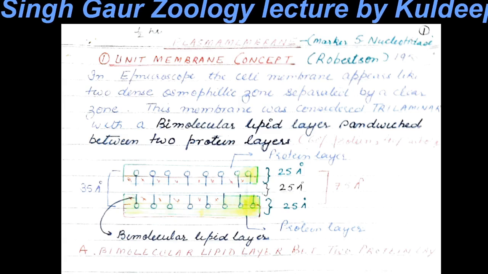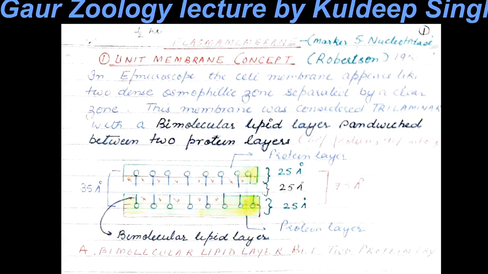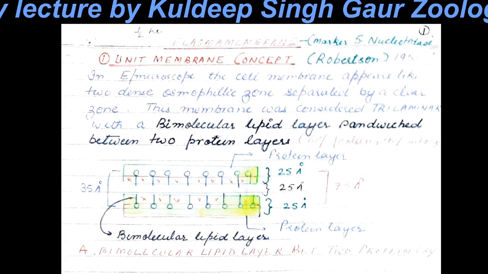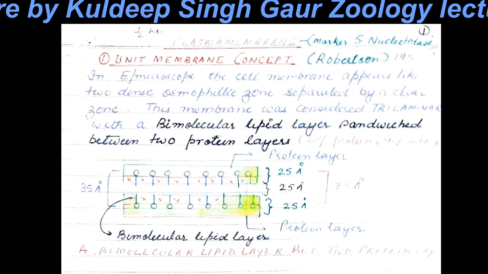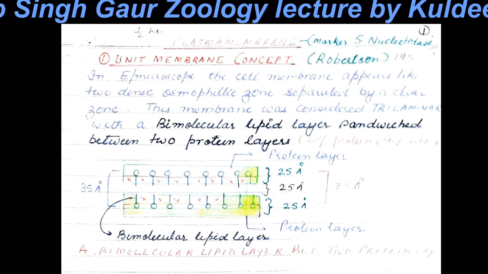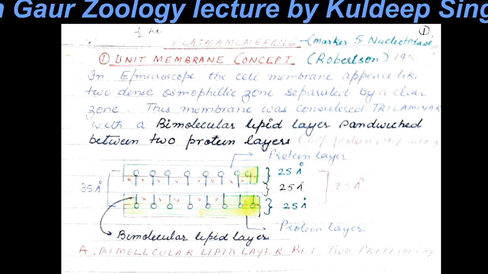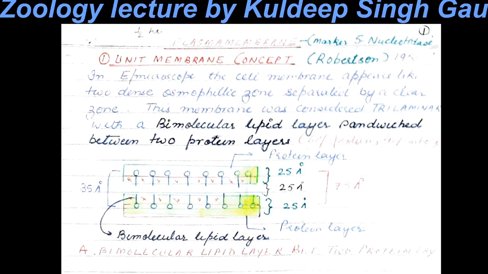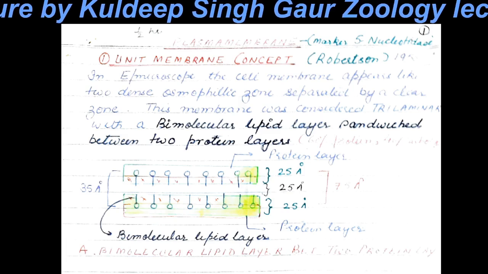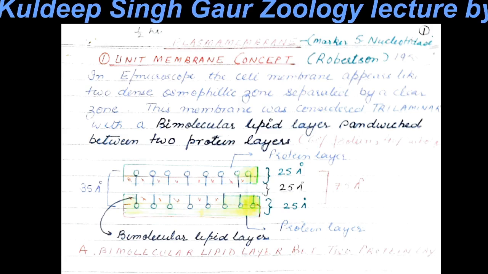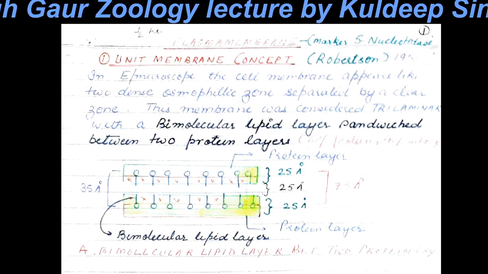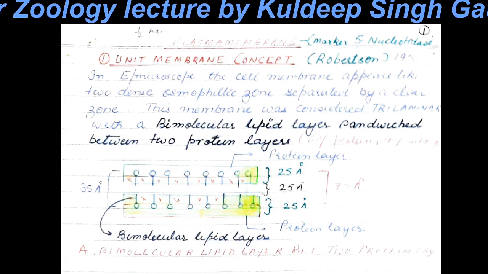These yellow colored are two protein layers, one towards the ECF and another towards the ICF. And in the protein layer, you can see the lipid monolayer towards the ECF and another lipid monolayer towards the ICF. In all, this membrane is 75 angstrom thick.